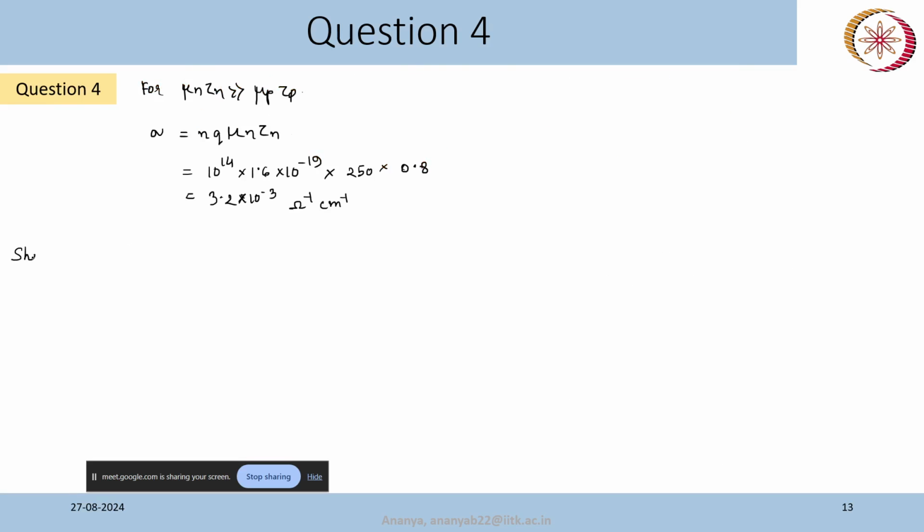Sheet resistance is denoted by R_SH, which is equal to rho by T. Okay, what is rho? Rho is the resistivity, and T is the thickness of the film.